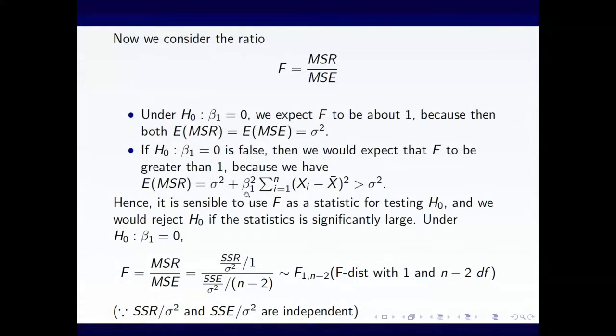And so it is reasonable to use this ratio as a statistic for testing H0, and we will reject H0 if the statistic is significantly large. If it is reasonably large, then we have evidence to reject H0.